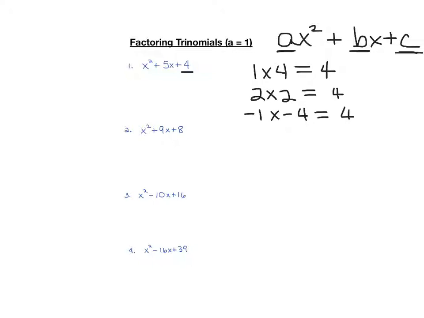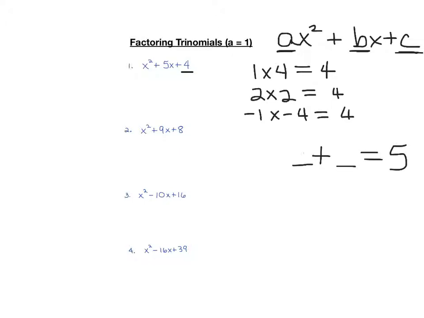When we're factoring the trinomials, once we list the factors of that last term, we also have to look to see which one of those will also add to give me the middle term. So out of these 3 choices, which one, when I add them, will give me 5?